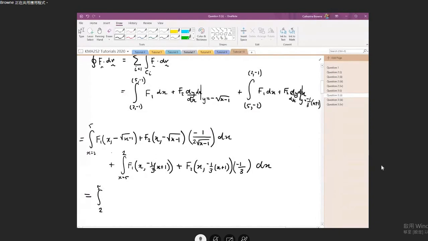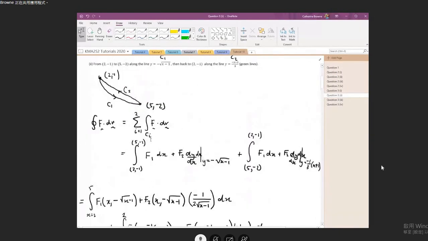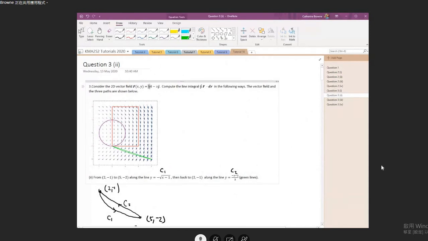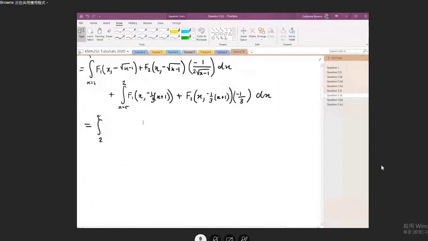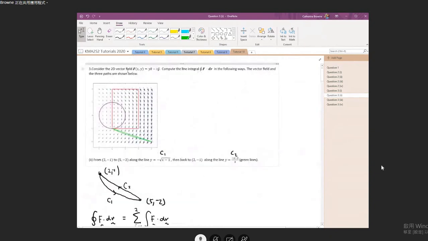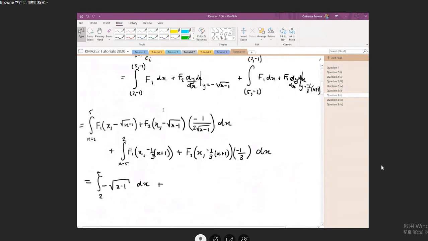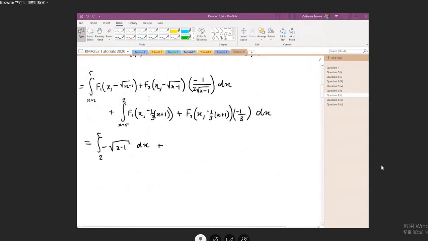So my f1 for this vector field was just y. So that was minus the square root of x minus 1 dx plus f2, which in this case was minus x, and then that was by dy dx.